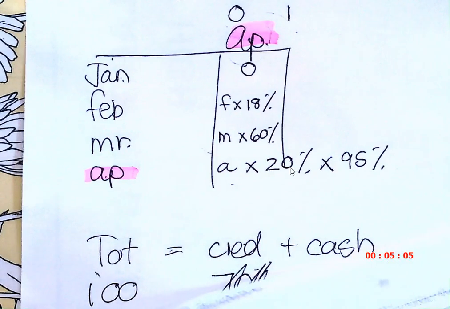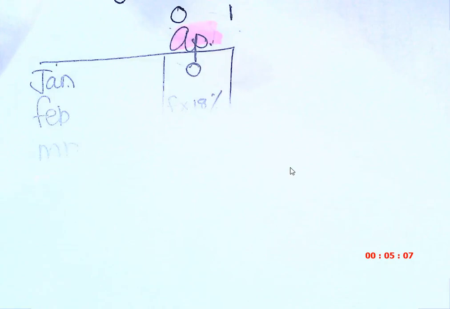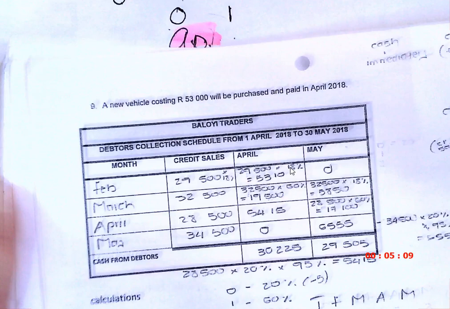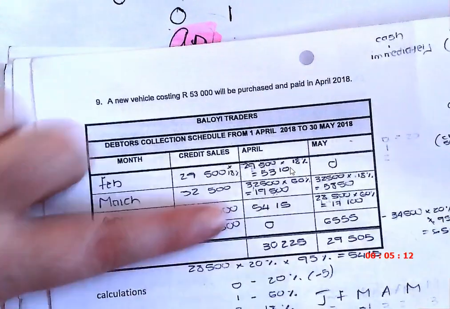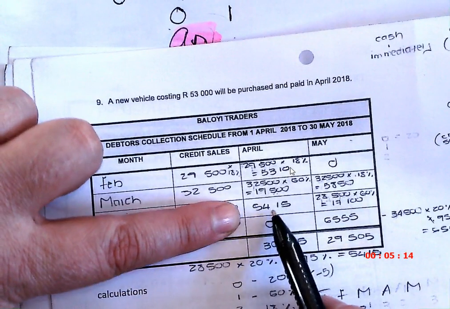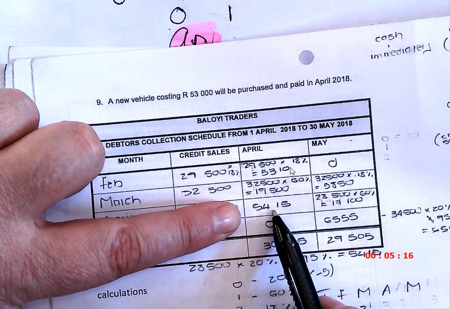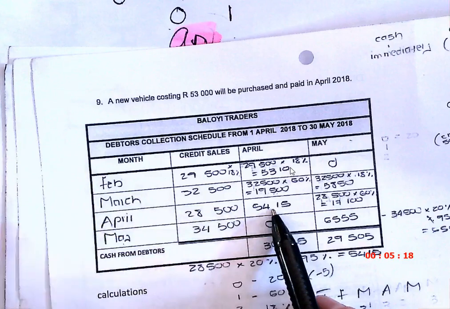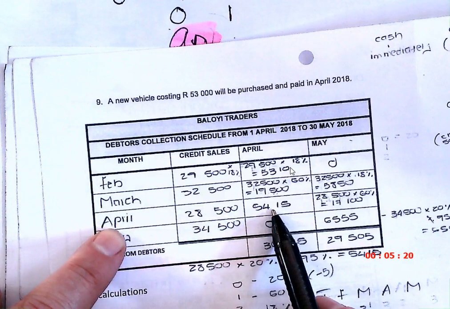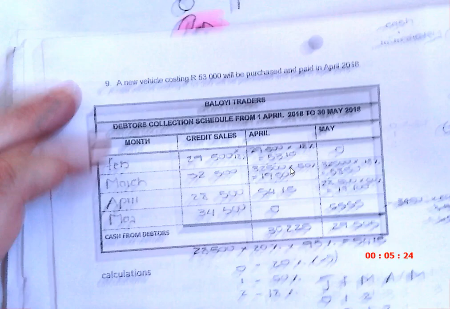Another way to do it is if they, for instance, say here, they don't give you April, but they give you this amount. In other words, the amount that you're supposed to receive in April. So what am I going to do? I will then work it backwards.